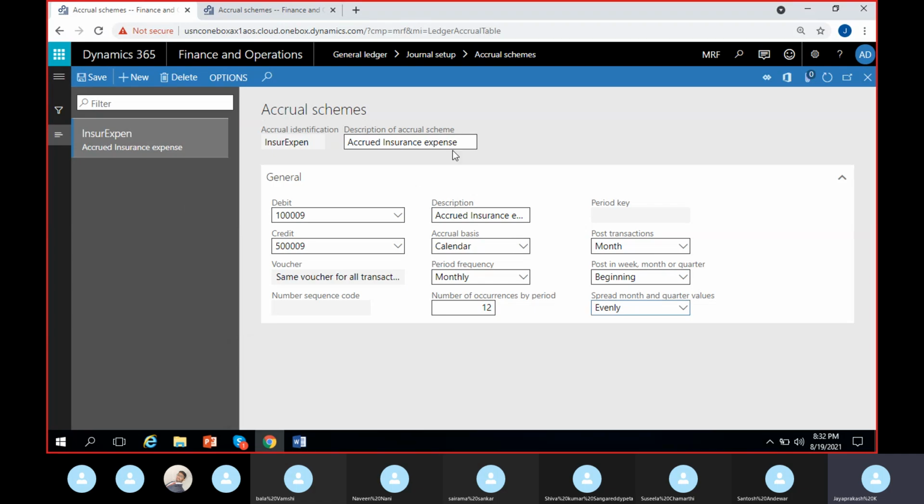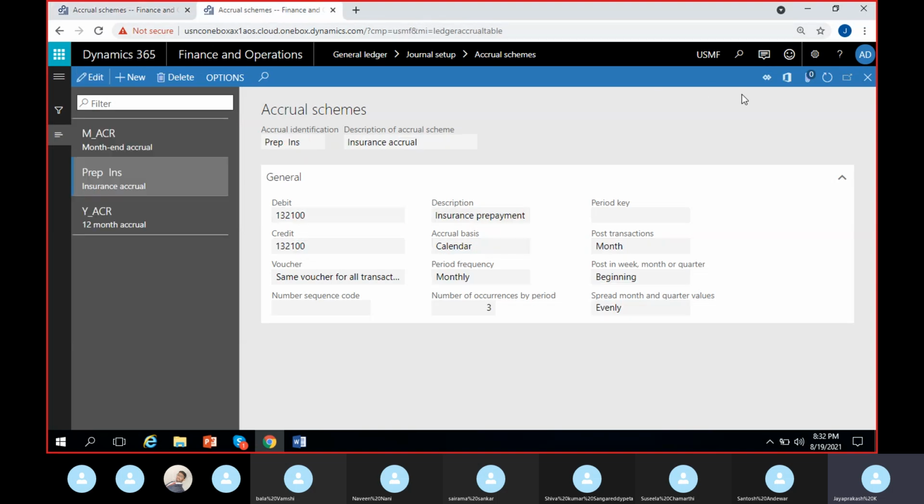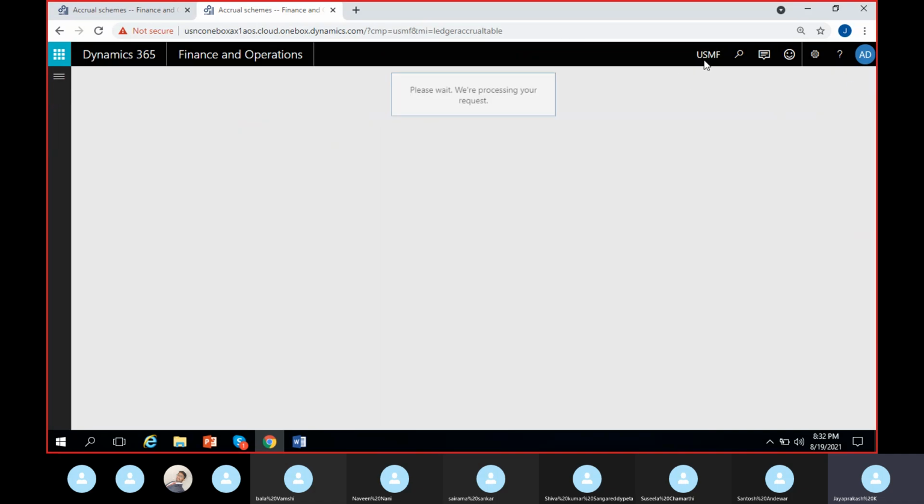So I will post a transaction of insurance expense, which I will pay, right? Insurance expense will be debited and prepaid insurance expense will be credited. Whatever I selected here, I'll do the reverse in the entry. So I'll show you that. I'll just go back and change it back to MRF.